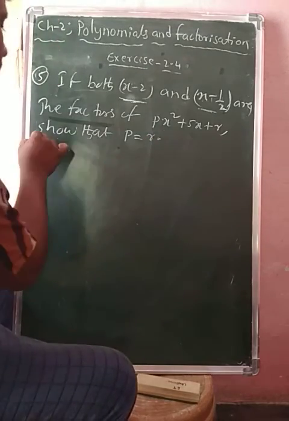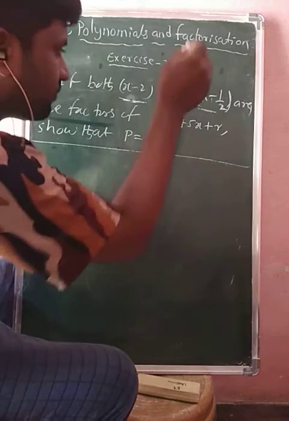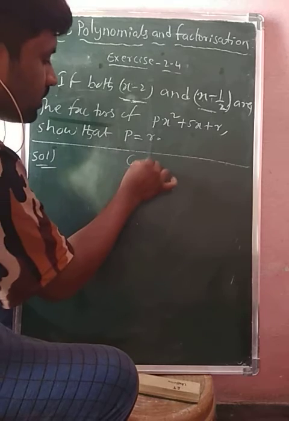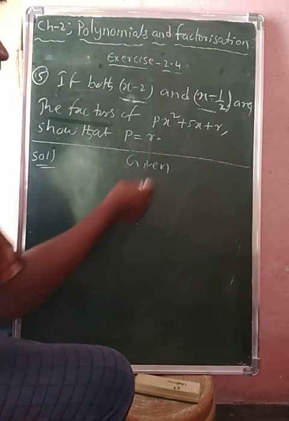This is the question. Already in the question it is given that these are the factors. So now take the given data. What is the given polynomial?